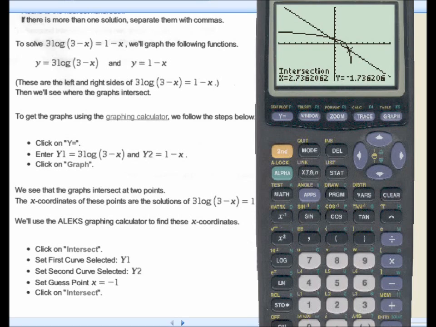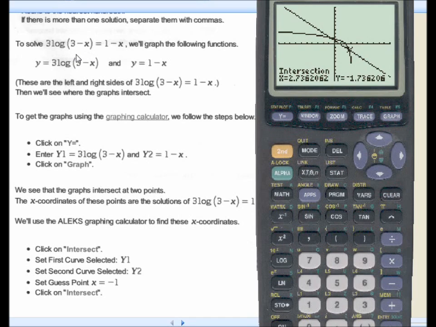You do still have to iron out whether both of these are actually solutions to this problem by substituting into this original equation up here to make sure everything is okay. Like you don't end up with a negative logarithm, but when you do the substitution, let's say it was 4, and it's not, but I'm just using this as an example.